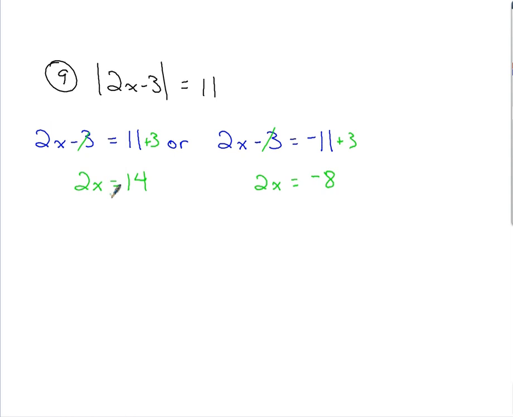So if I divide by 2 over here, x is going to be 7. Divide by 2 over here, x is going to be -4. So our answers would be x equals 7 or x equals -4. Once again, if I want to use the little set notation, I could put -4 and 7 in like so.